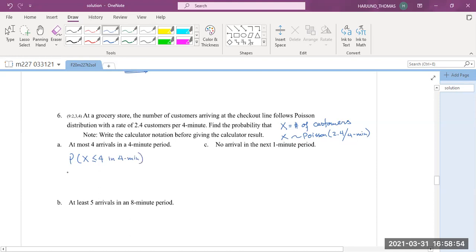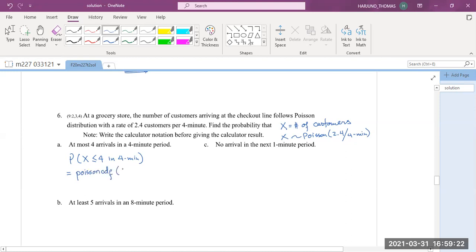Now make sure the average that you have is also in 4 minutes. If the period is 4 minutes, then the average has to be in 4 minutes. Then you can use that average. In this case, the average is 2.4, right? So calculator notation, Poisson CDF.